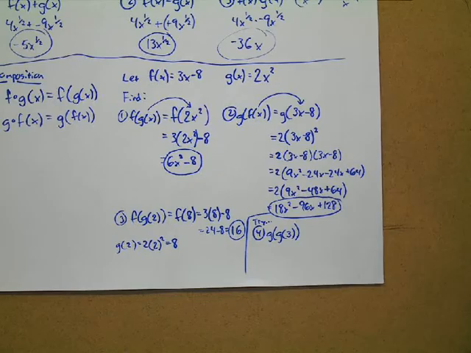All right. If you look here, the innermost piece that we have is this g of 3. What's g? I know there's a lot of work up there, but what is g? 2x squared. So g of x is 2 times that x squared.